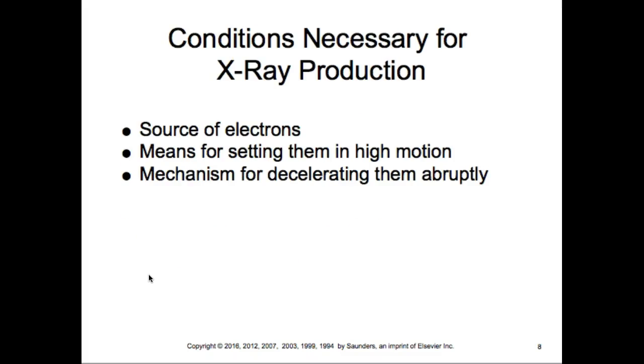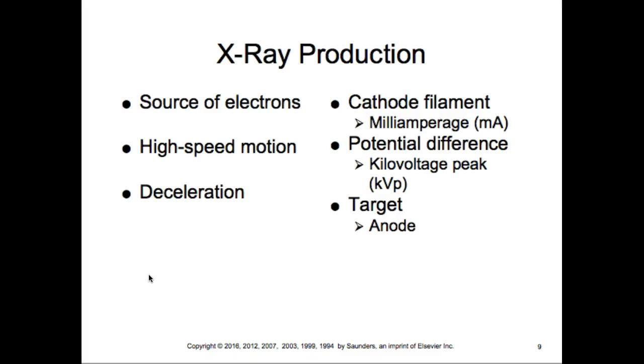We have talked about this in the past, but the conditions necessary for X-ray production: you have to have a source of electrons, a means for setting them into high motion, and a way to suddenly stop or decelerate them abruptly. Your source of electrons comes from the cathode.